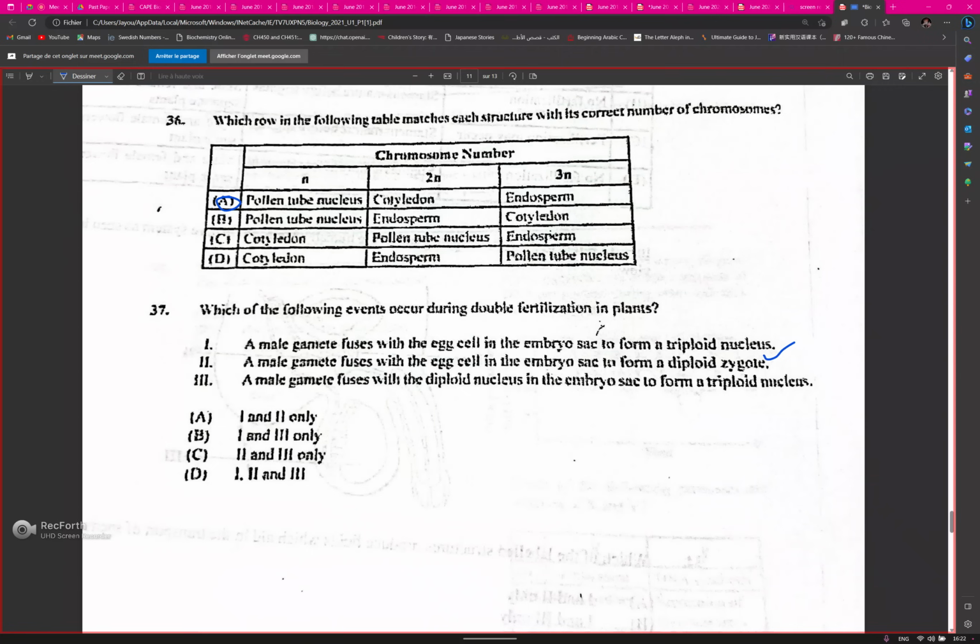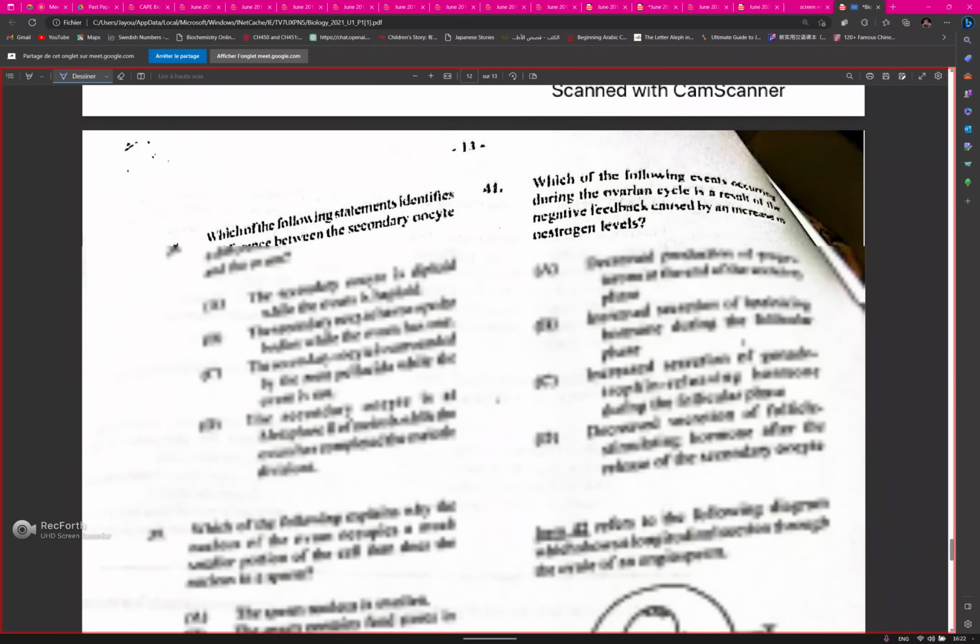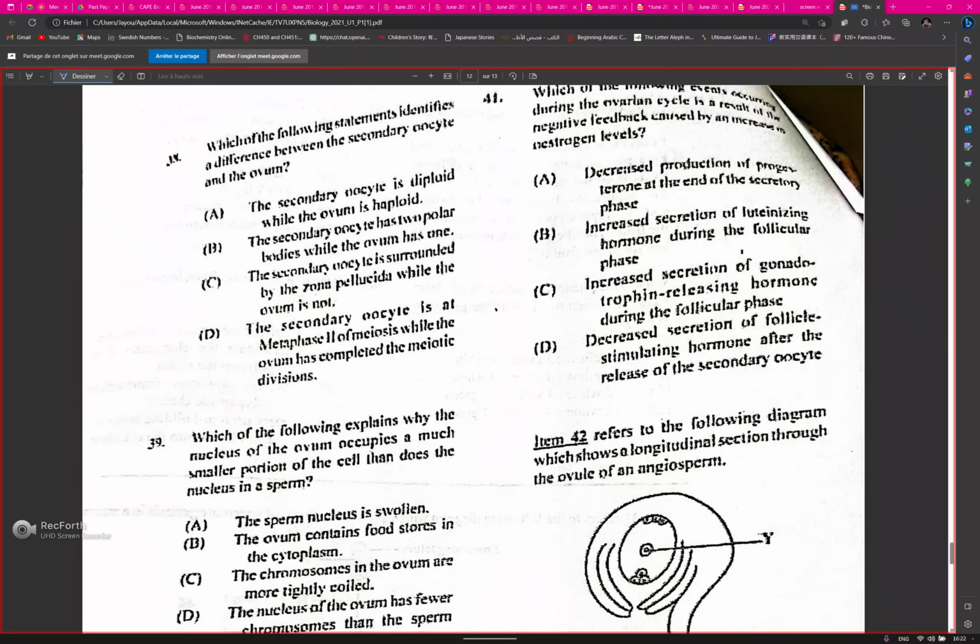That would be more likely a zygote. Yes, sir, one is incorrect. So since one is not, C would be the answer. Alright, so a male gamete fuses with the diploid nucleus, so that makes sense. C is the answer.